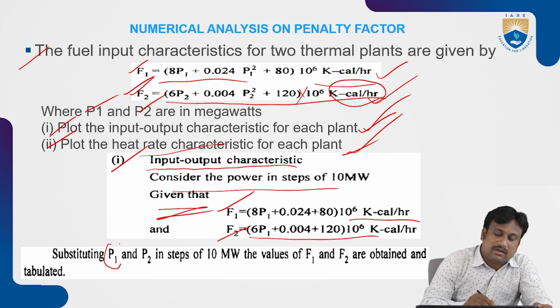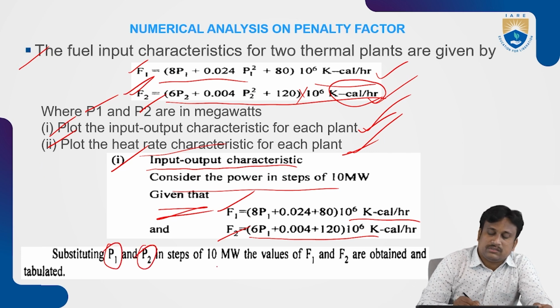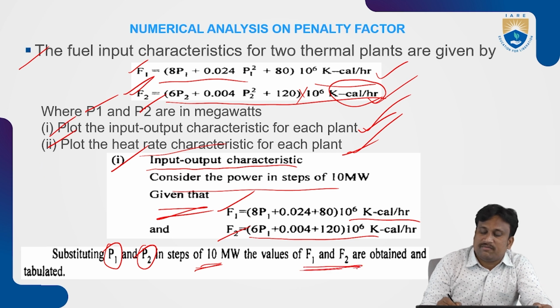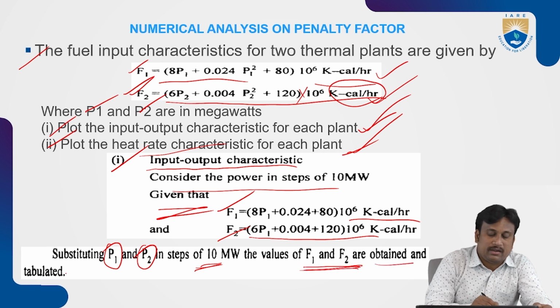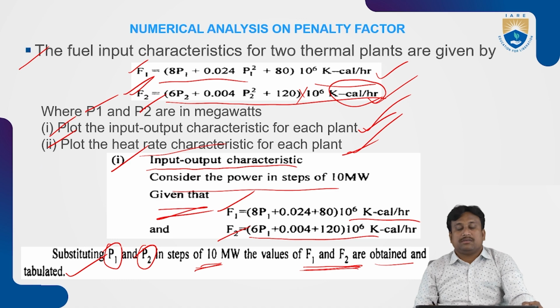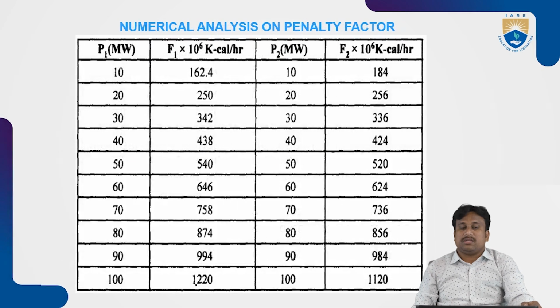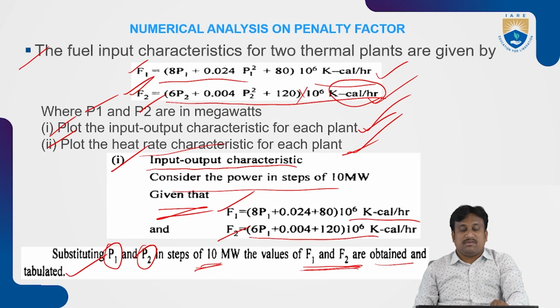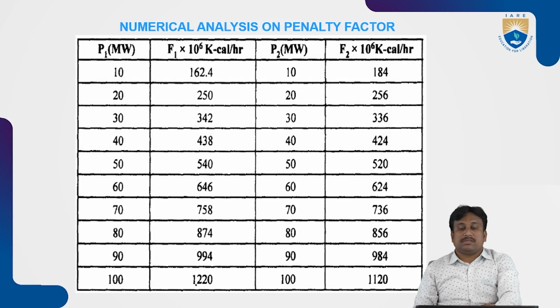Now substitute the values of P1 and P2 in steps of 10 megawatts, and the values of F1 and F2 obtained are tabulated in the next slide. For example, substituting P1 and P2 as 10 megawatts, the 8 becomes 80.